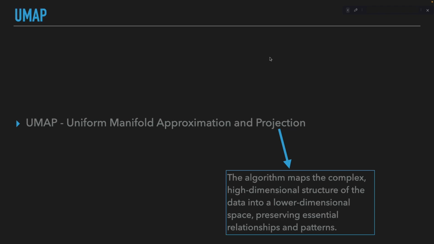First, the projection. UMAP is an embedding algorithm. It is an algorithm that aims to project high-dimensional data into low-dimensional space, where a low-dimensional space is usually two-dimensional or three-dimensional. And of course, the algorithm also aims to preserve all the essential relationships and patterns between the data points.